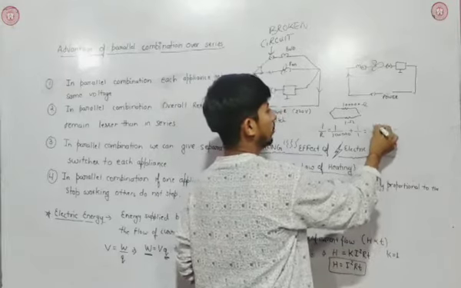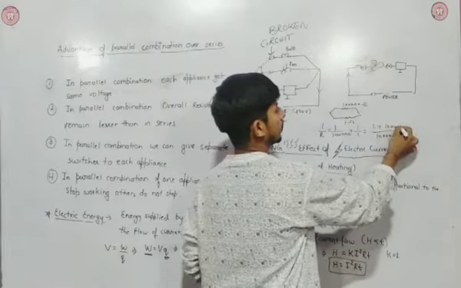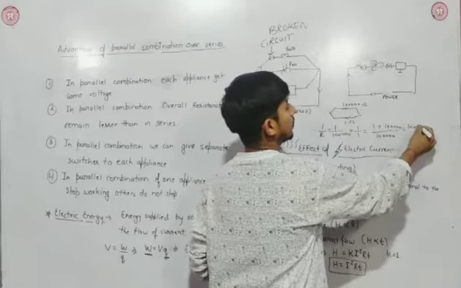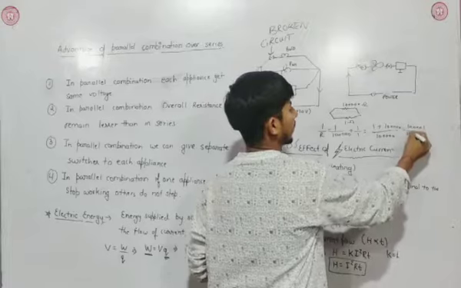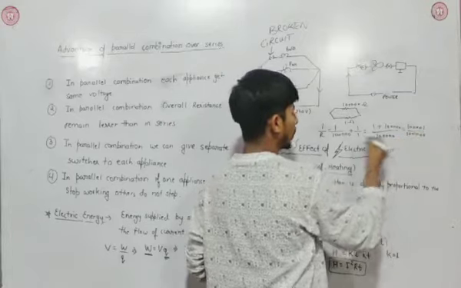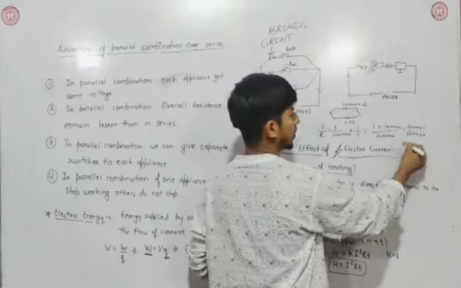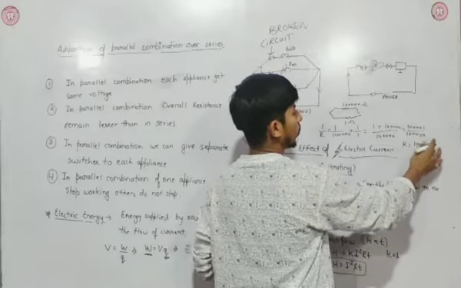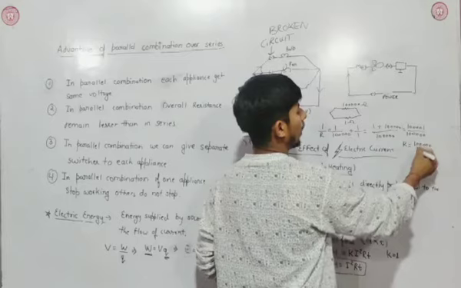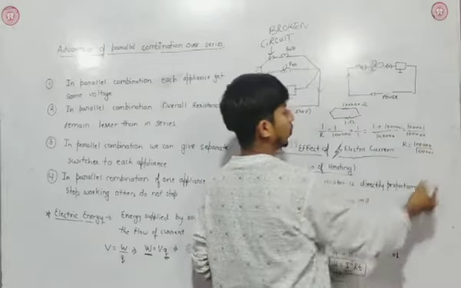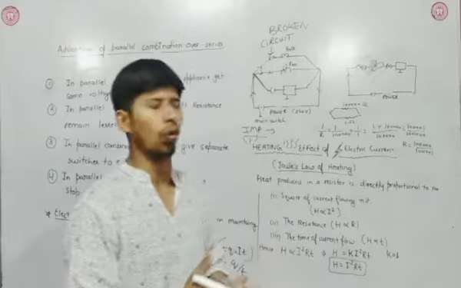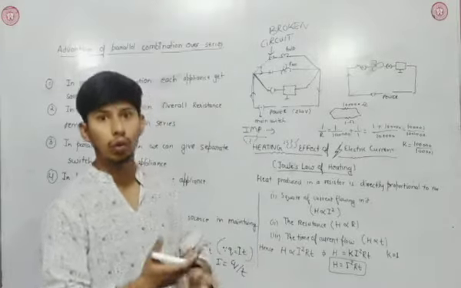Here it comes 1 plus 1 lakh, so it comes 1 lakh 1 upon 1 lakh. When you take the reciprocal, R is equal to 1 lakh upon 1 lakh 1, which is nearly 0.99 ohm, or you may write it as 1 ohm nearly.